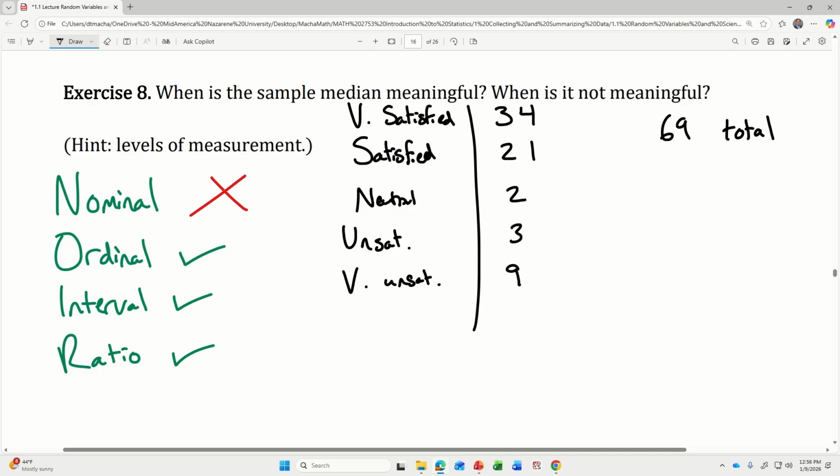I could do 69 divided by 2. It's going to be the 35th respondent, because there'll be 34 responses below and 34 responses above. So the 35th response is the median.